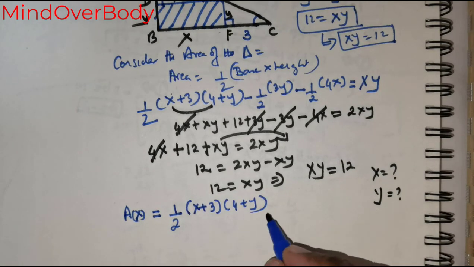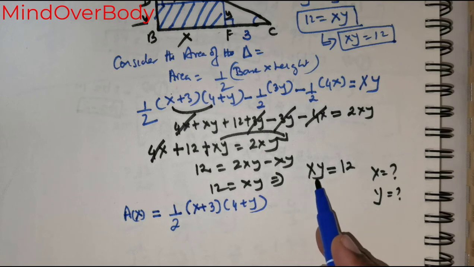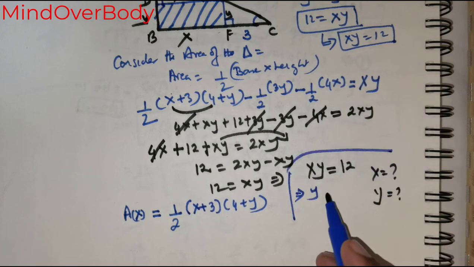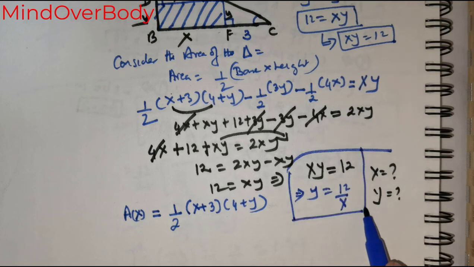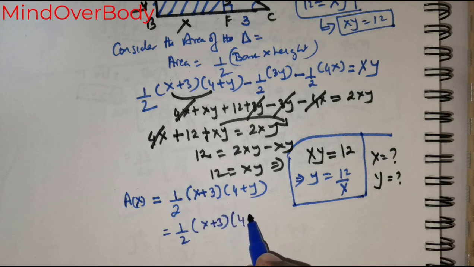Since I've taken it like that, I would like to use the value of y from here. So from here, this would mean y is equal to 12 divided by x, right? So this is going to be equal to 1 over 2 times (x + 3) times (4 + 12 over x).